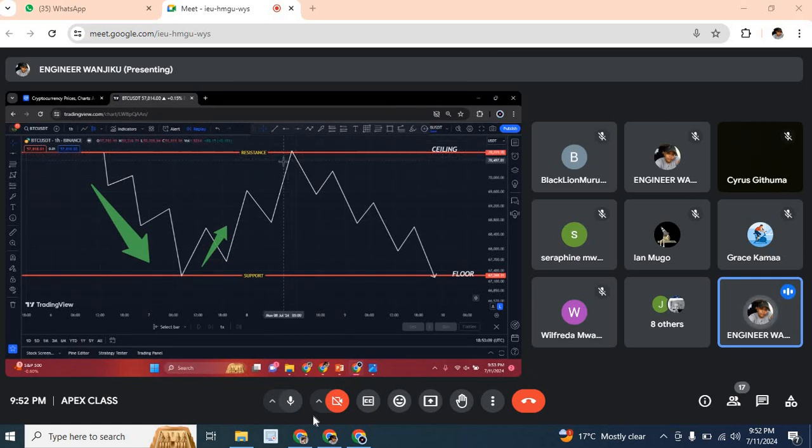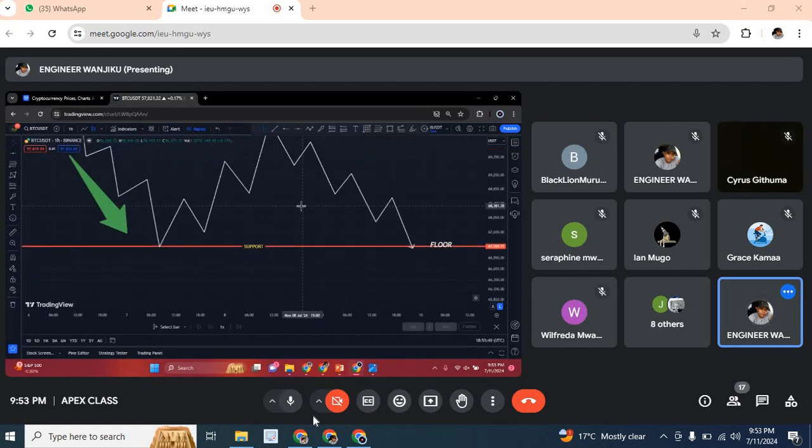So from our resistance levels, we expect a bearish order block. And from our support levels, after a sell we have a significant buy, so we expect the last green before significant buy. That is what we call a bullish order block. So from our support zones, we expect bullish order blocks.